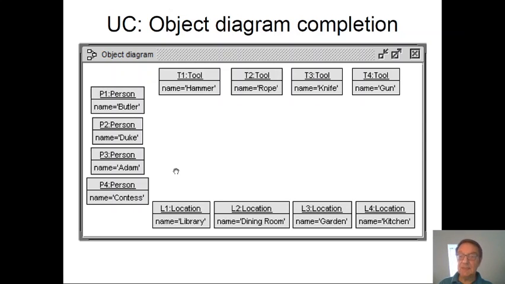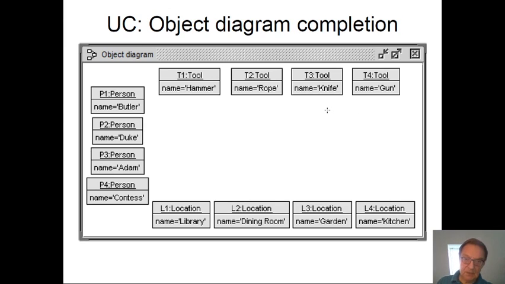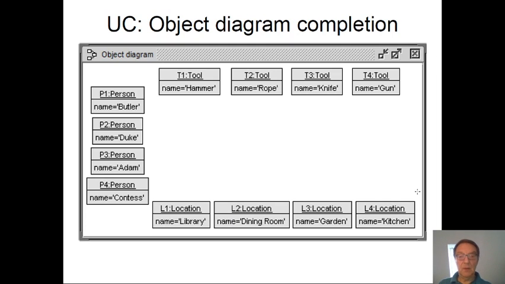The Countess is not mentioned as an option here in the verbal explanation, but this is what you as an inspector know from the context. Furthermore, in the verbal descriptions 2 places are mentioned, the library and the dining room, and you find them over here. And you know there are 2 other potential places, locations where the murderer could have committed his or her crime. That's the garden and the kitchen.